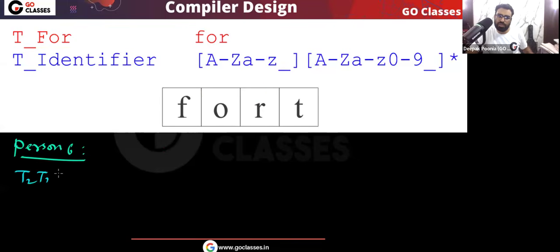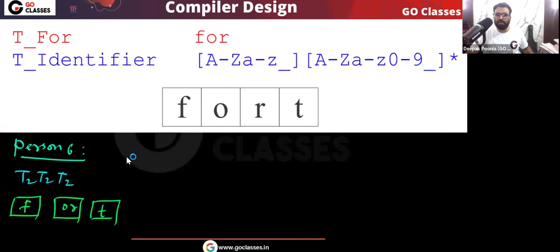So basically, the lexemes according to person 6 are F, then OR, then T. I'm not going to write all the possibilities, but many more possibilities are there, and so on. Some more possibilities might be there that we did not cover. But overall, you understood the point that this is a challenge.